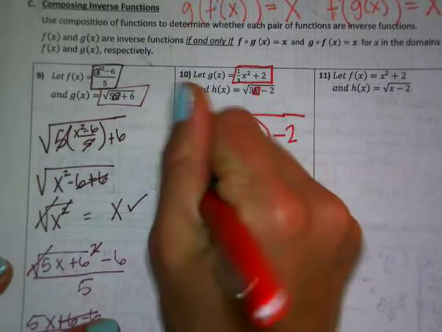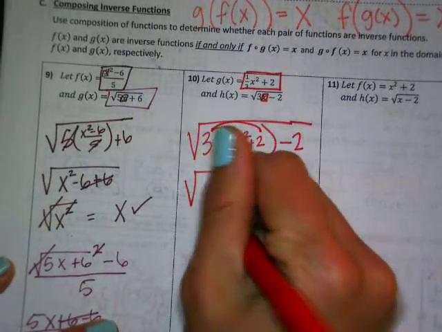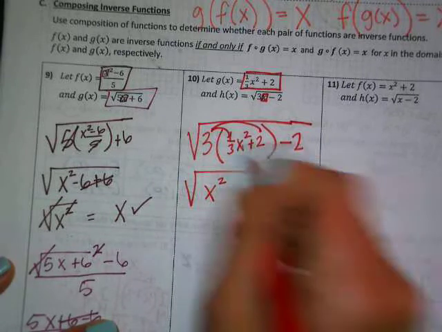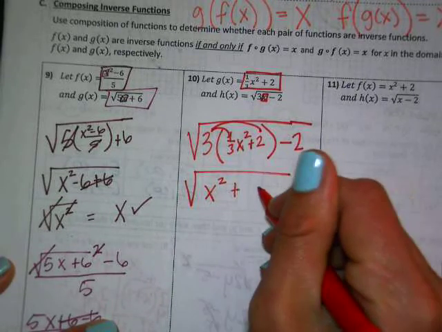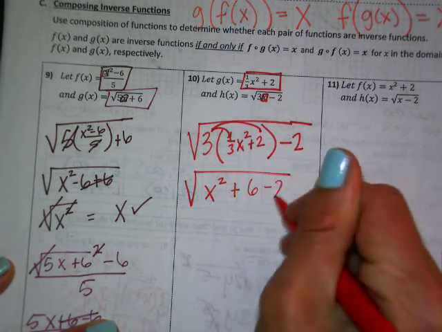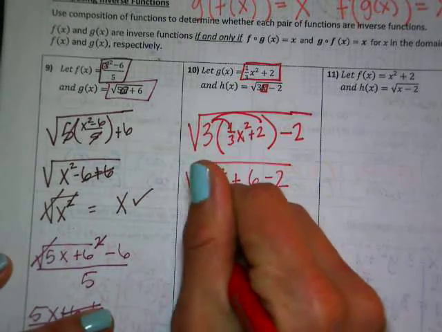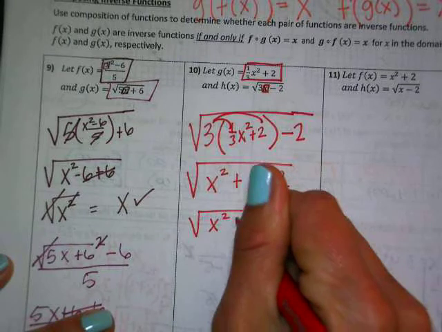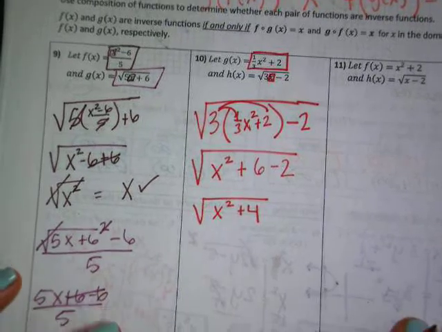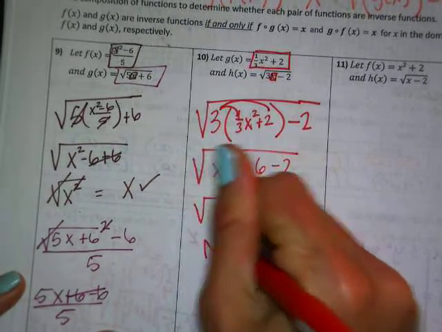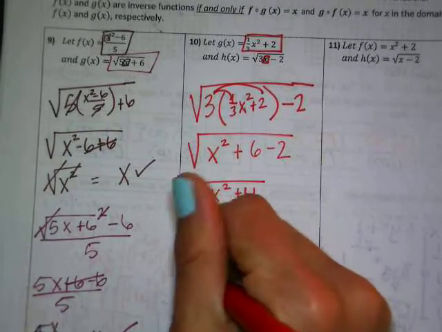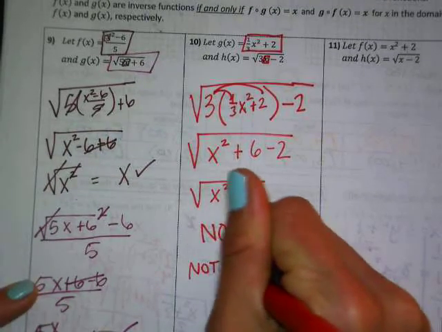So it's 1x squared and 3 times 2, 6. And what's 6 minus 2? 4. So are things canceling on this one? No. So this one is not working, which means they are not inverses.